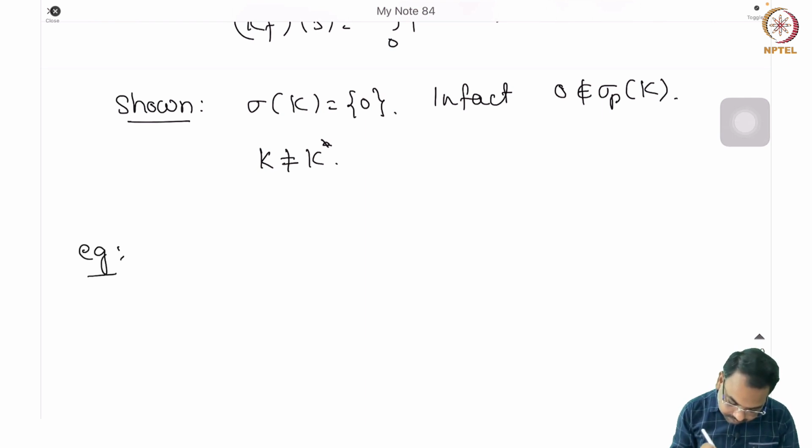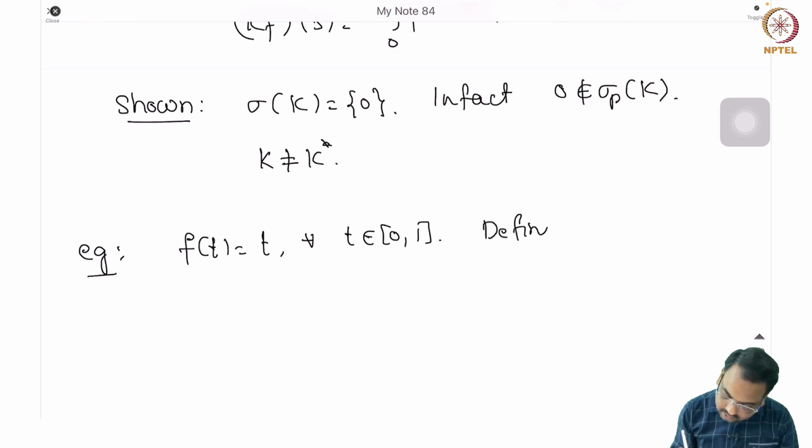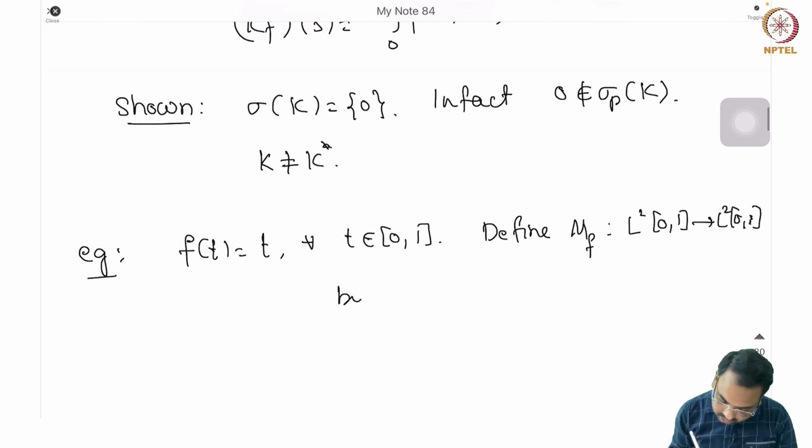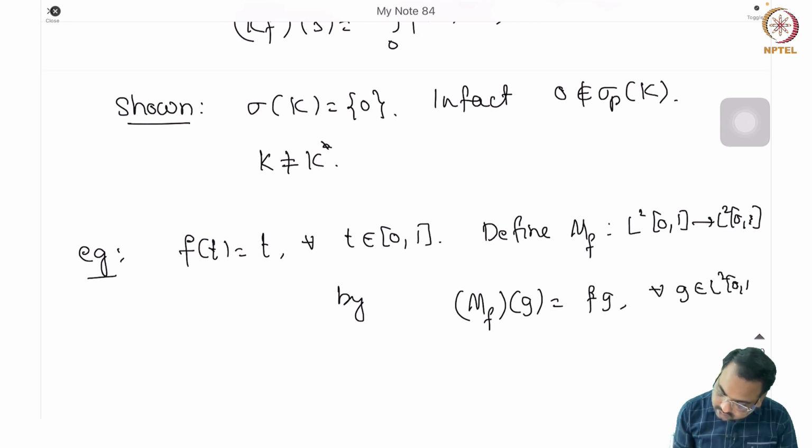So let us look at, define, let us take f in C[0,1], define the multiplication operator induced by f from L2[0,1] into L2[0,1] by M_f at g is f times g for every g in L2[0,1].